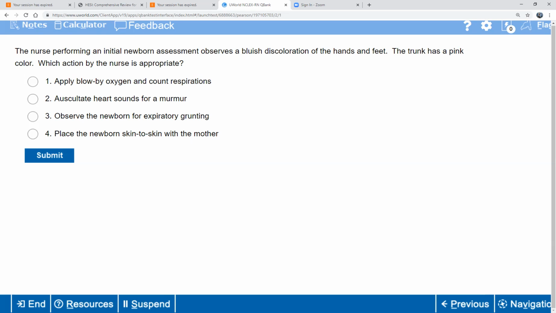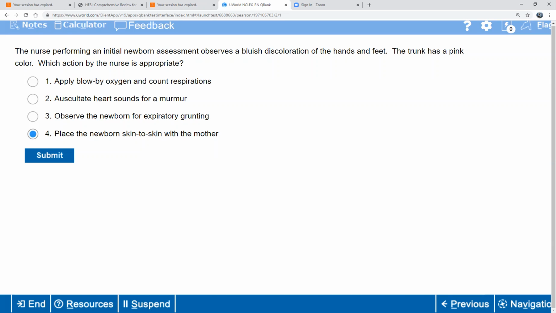Yeah. Kangarooing, okay? And we put the baby next to the mom to warm the baby up. It's one of the quickest ways to warm the baby up, as long as the baby has a pink trunk, okay? It's acrocyanosis is what it's called. And as long as the baby has that pink trunk, it should warm up and the color should come around fairly soon.